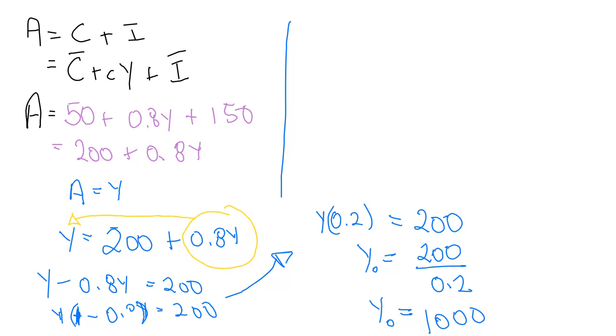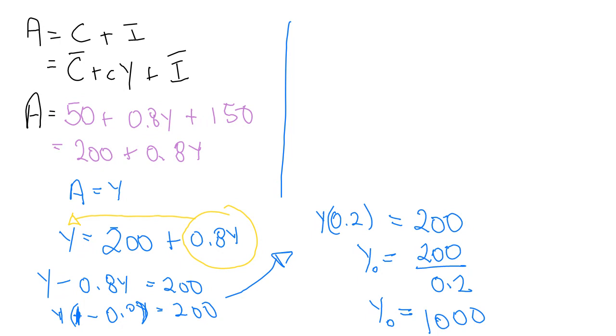Now, if we look on page 365, at our graph 17.8, we had the function C equals 50 plus 0.8Y, right? 50 was the autonomous consumption. 150, however, was the autonomous investment spending.